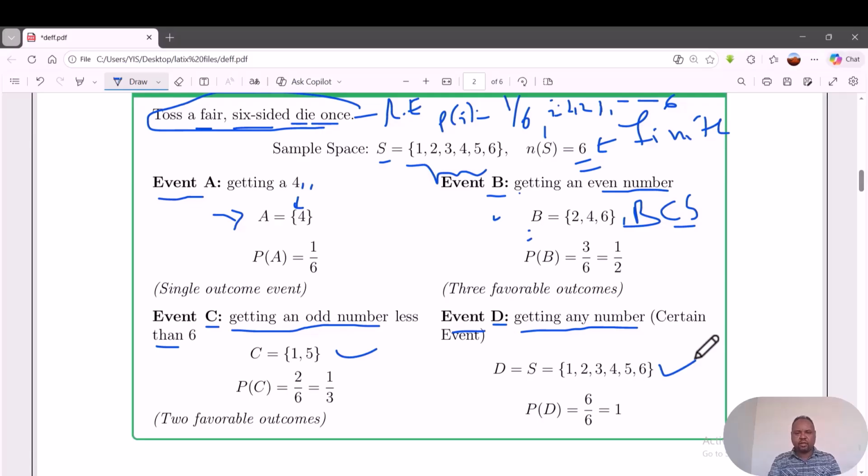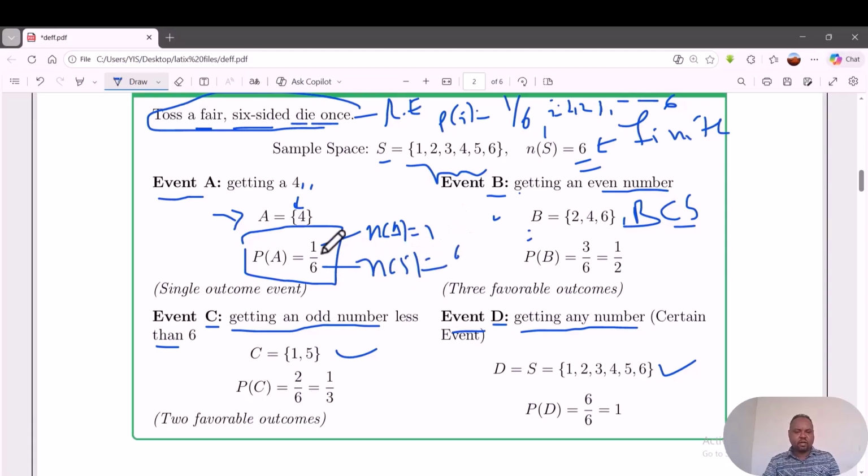So what we are interested in here is whether the probability of each event is computed well based on the classical approach of defining probability. For example, the probability of A is 1 over 6, where 1 is the number of elements in A. How many elements in A? 1. How many elements in our sample space? 6.